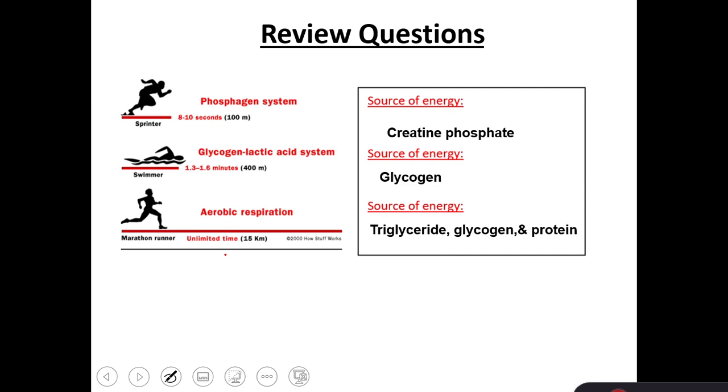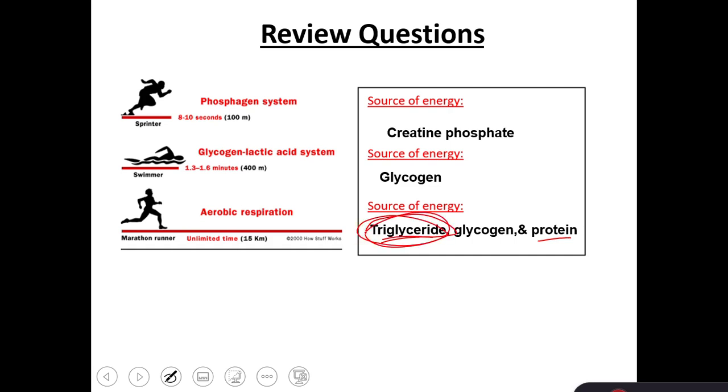And here you can use, in addition to glycogen and pyruvate, fat. You can use triglyceride and protein. So the aerobic exercise is able to utilize fat.